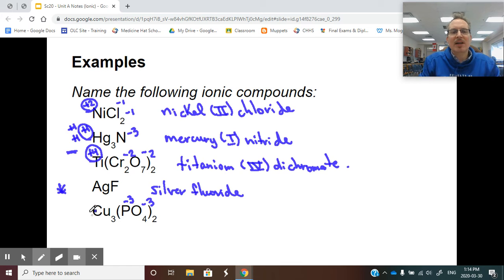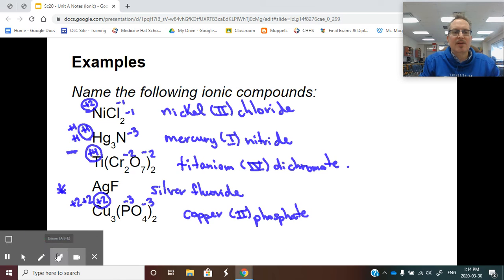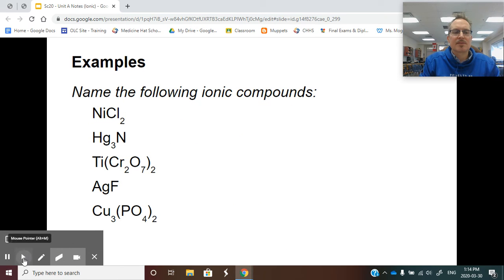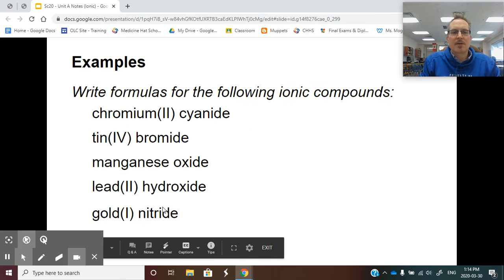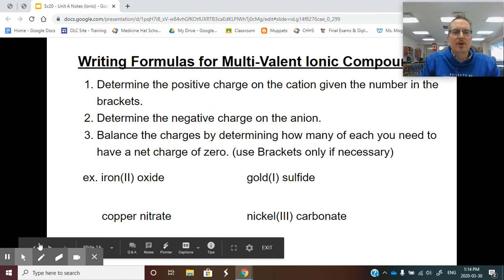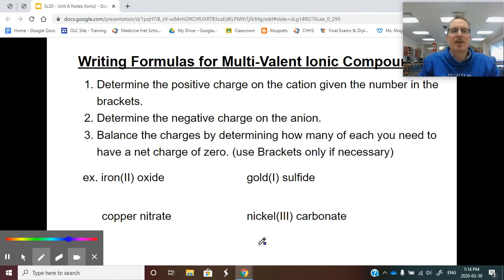But I have 3 coppers, so that means every individual copper is going to be a +2. 2, 4, 6. So I'm going to call it copper 2 phosphate. And again, I'm going to clear my screen, and we're going to go to our next slide.